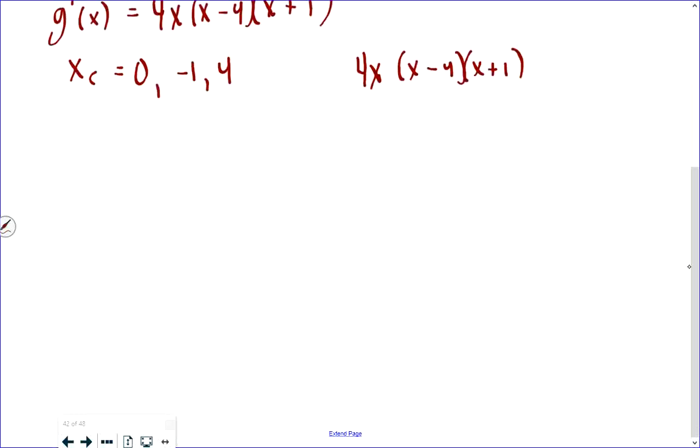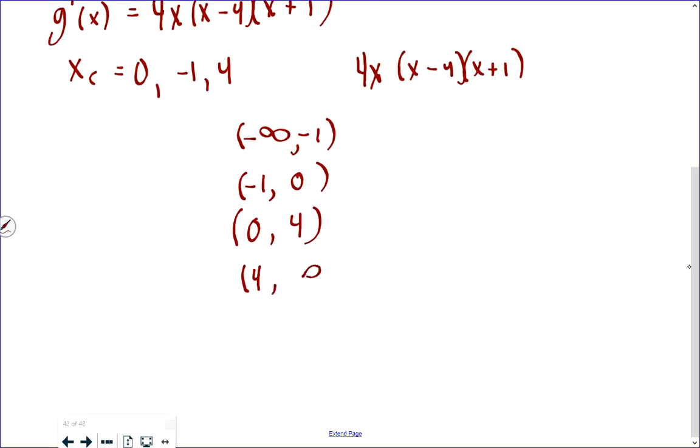Creating the following subdomains: negative infinity to -1, -1 to 0, 0 to 4, 4 to infinity. If I have a foot-long sub and I make 3 cuts, I'm going to have 4 pieces.